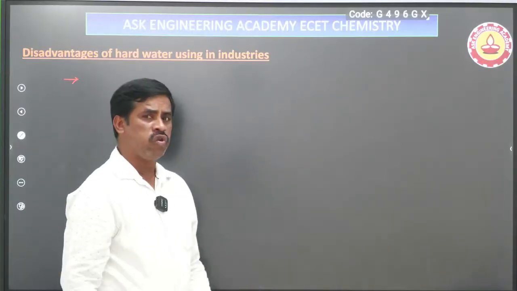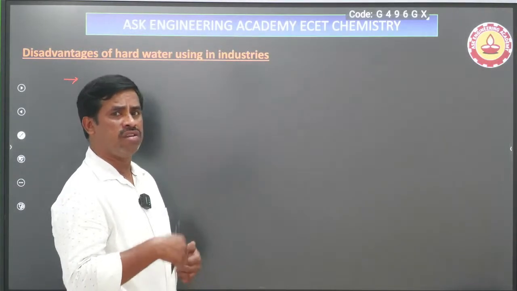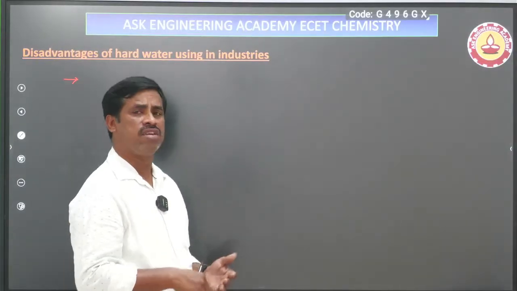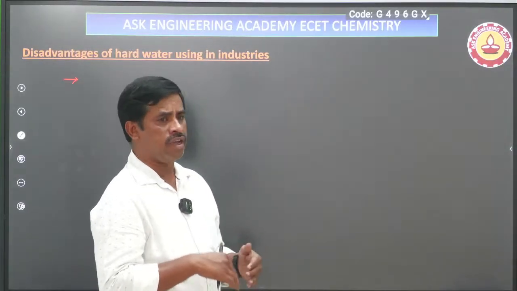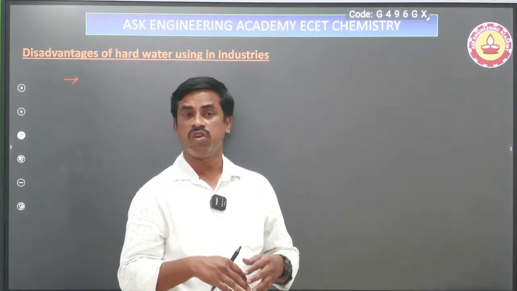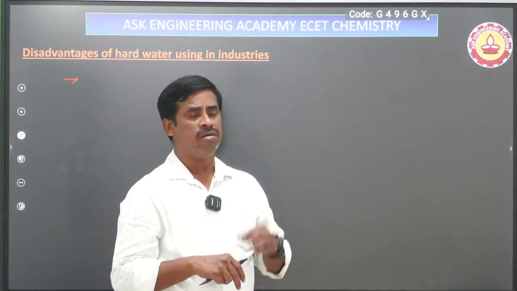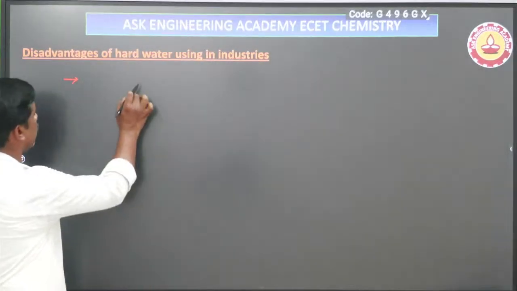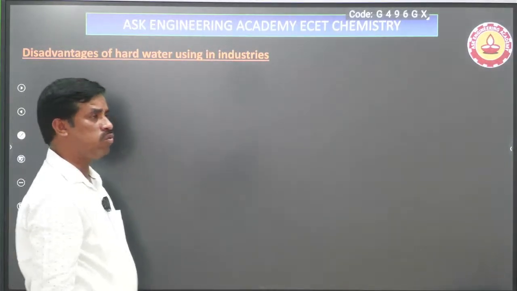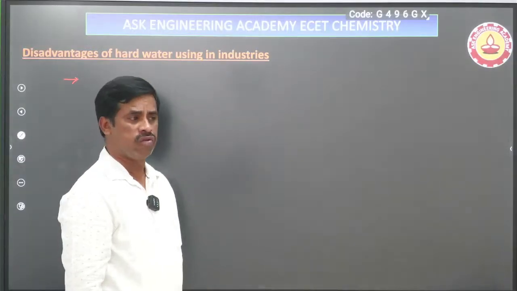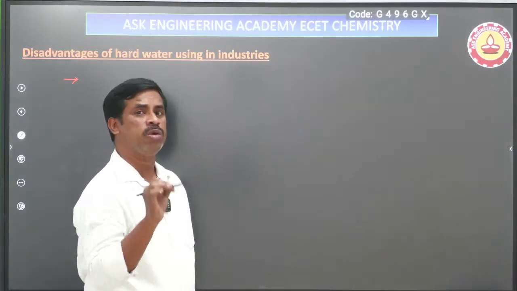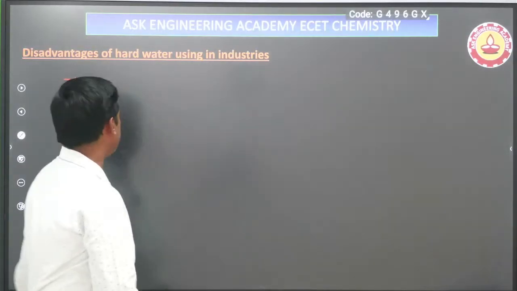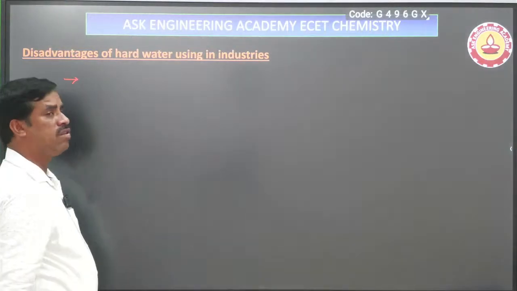During the preparation of sugar, water is needed. Generally, whatever the industry requires, either domestic or industrial purpose, water is mainly needed. Whenever hard water is used in the sugar industry, the crystallization of sugar is difficult.